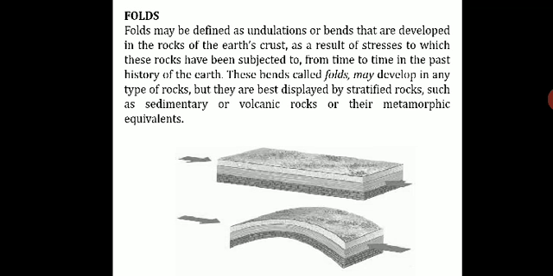What is the reason for that? The stress to which the rocks have been subjected from time to time in the past history of the earth. This is not a continuous or quick process; it takes millions of years to form such folded or faulted structures.